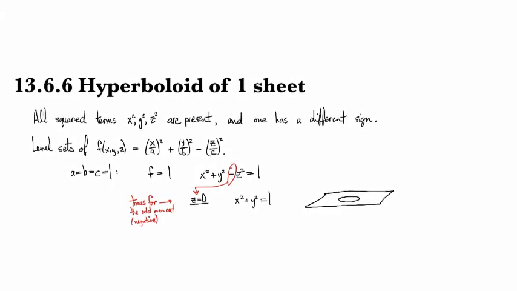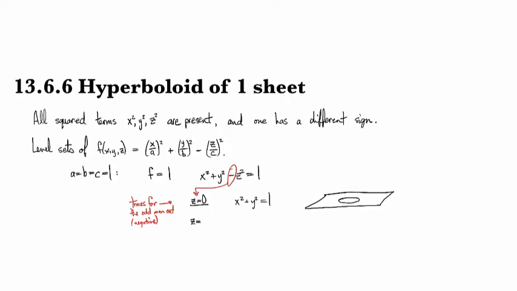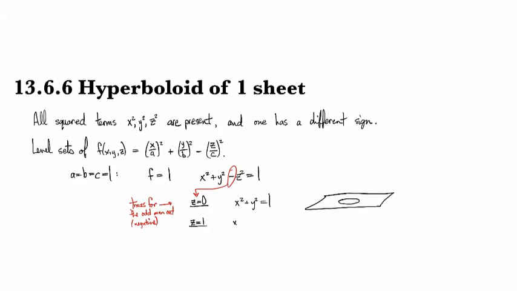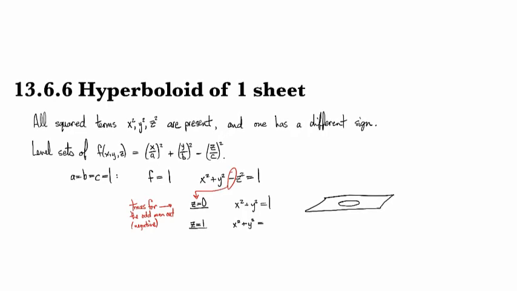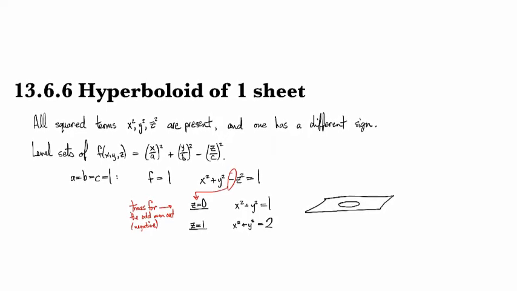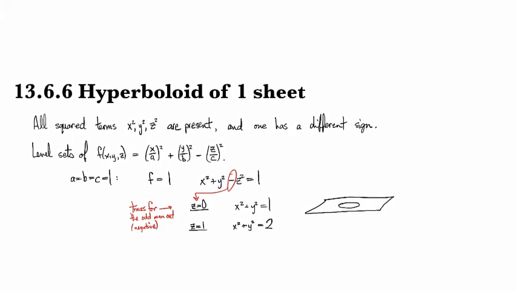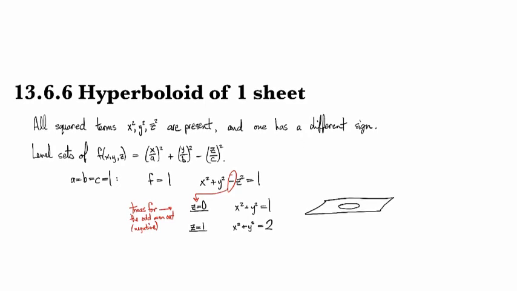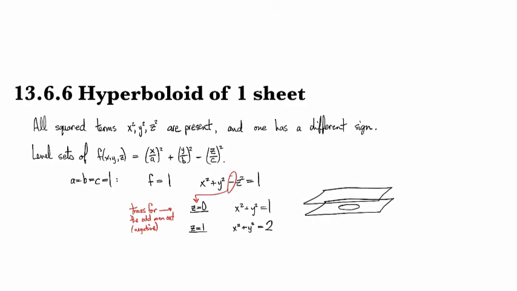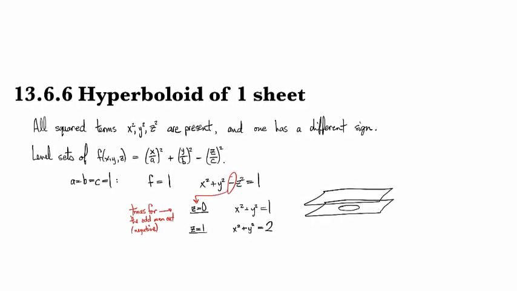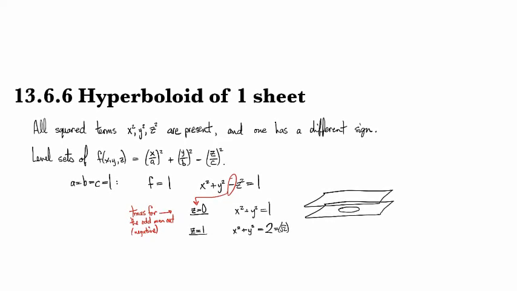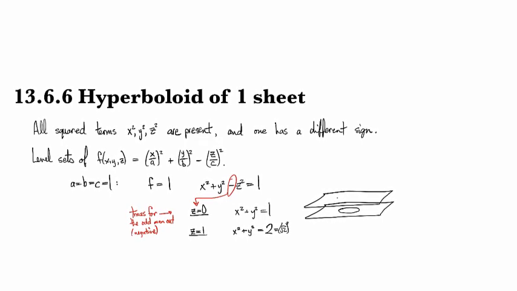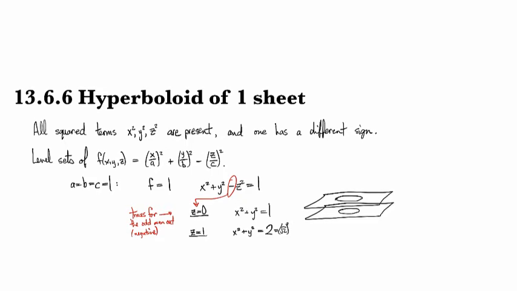And then if we go to z equals 1, x squared plus y squared equals 2. So I'll take that 1 and stick it over on the other side. And so if I go upstairs, now I've got a circle with radius square root of 2, so slightly bigger, and we'll call it that one.